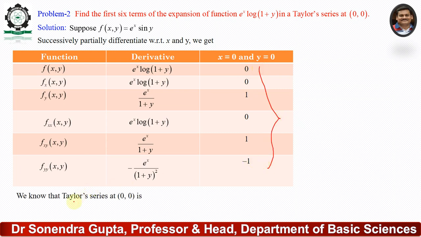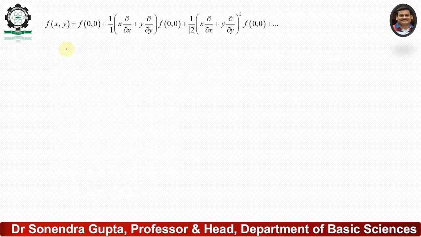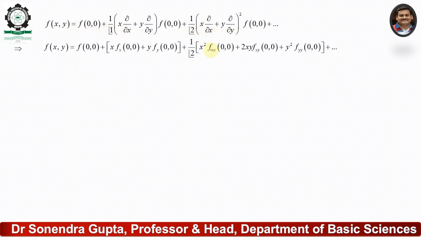Again, we know the Taylor series at the point 0, 0, and in this question we need only 6 terms. It means we can expand the terms up to the third derivative, and the formula is f of xy equal to f00 and so on. Now we can expand this term, and the required term is this much.